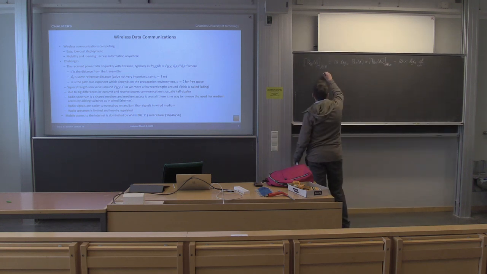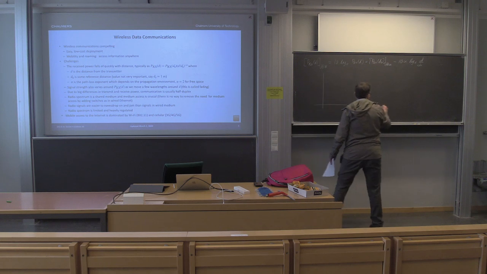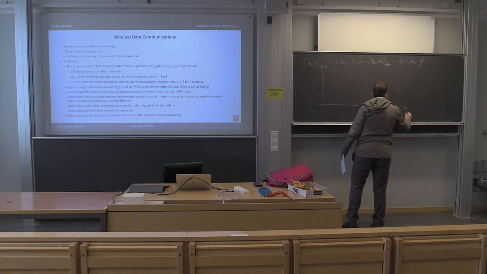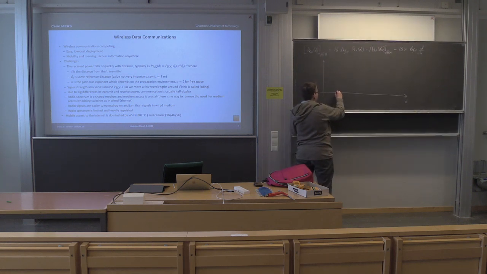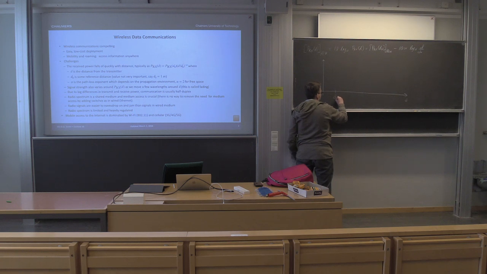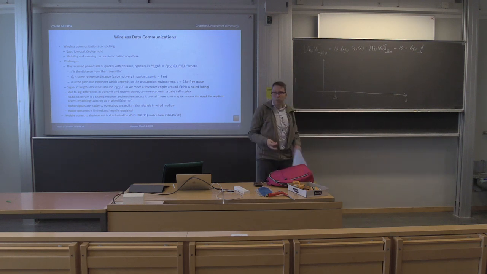And if we would draw this, we have a distance on this axis and the received power on this axis. We need to select some reference distance, D0. It's not important exactly what this is. We can think of this as 1 meter perhaps.